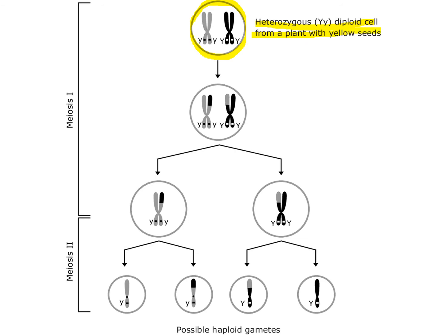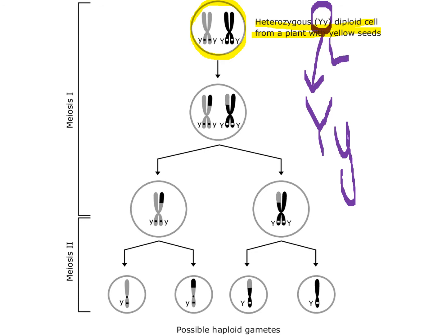And we can see that they represent that with the letter Y. Capital Y is dominant and small letter y is recessive. Obviously, since the seeds are yellow, we know that yellow has to be expressed, and thus in a heterozygous combination, yellow must be the dominant color.